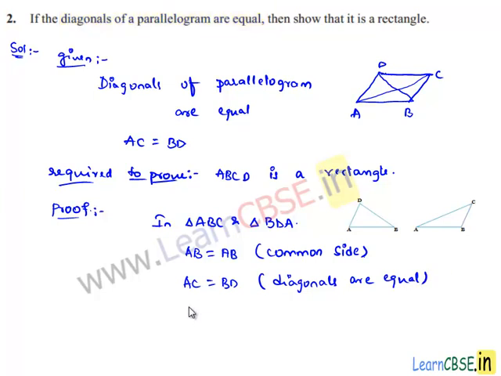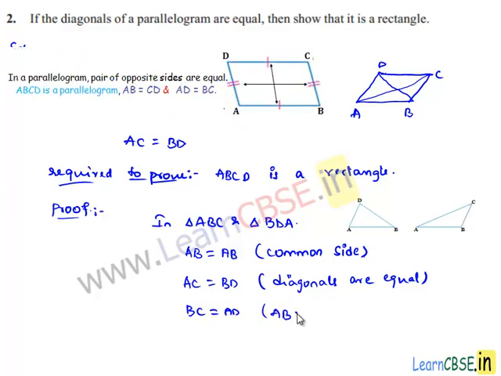And also we get BC is equal to AD, as in a parallelogram we know that two opposite parallel lines are equal.